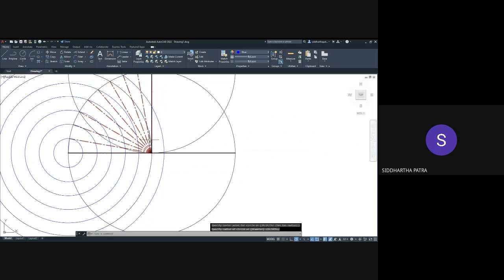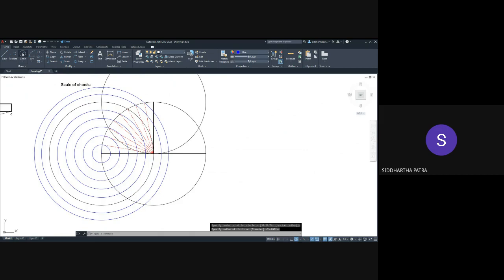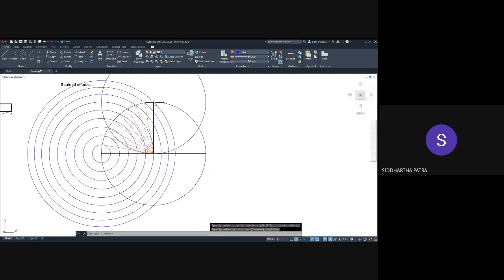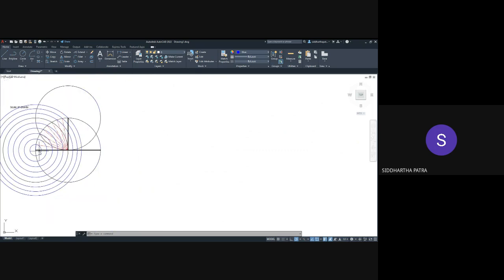So 70, 80, and 90. So if you do that, now you would realize that the change in the chord length is actually gradually decreasing. So the gap between 80 to 90-degree is not the same as 0 to 10-degree. It's because we are not measuring the arc length, that would have been uniform, but we are simply measuring the length of the chord.